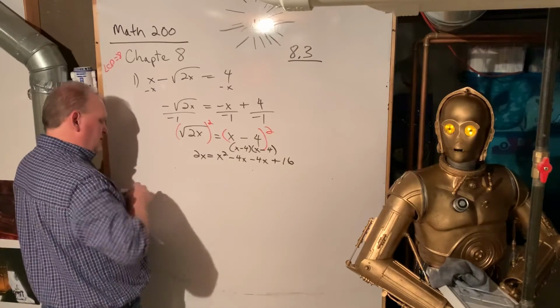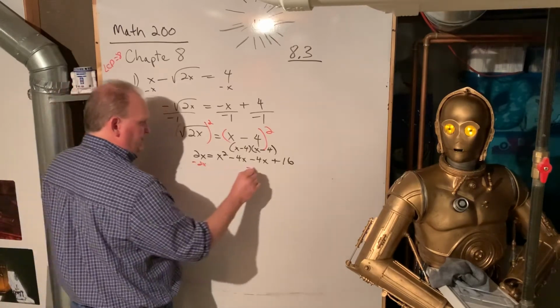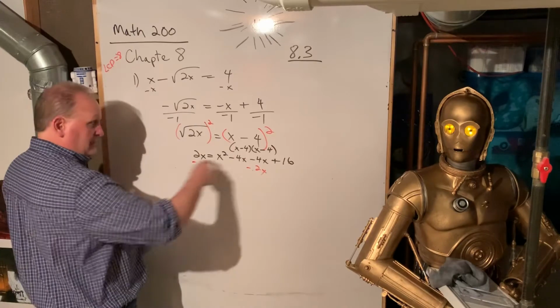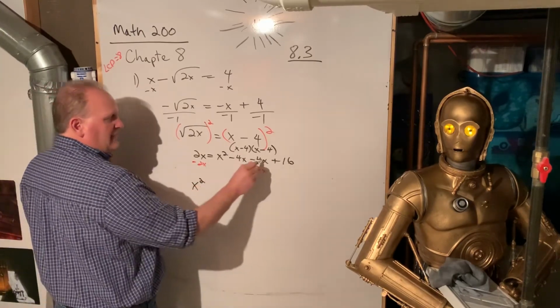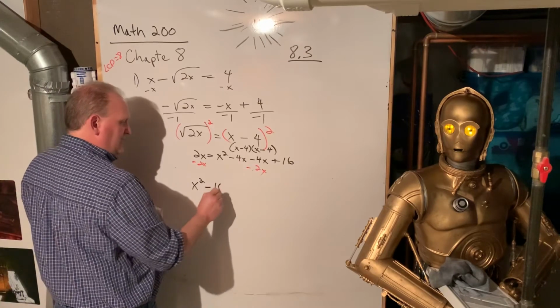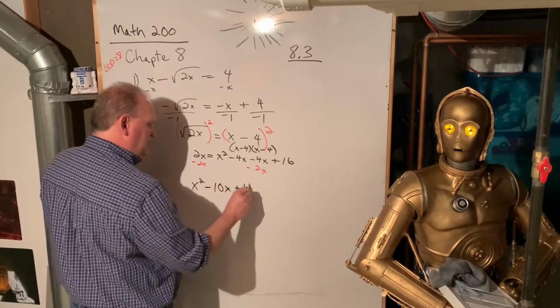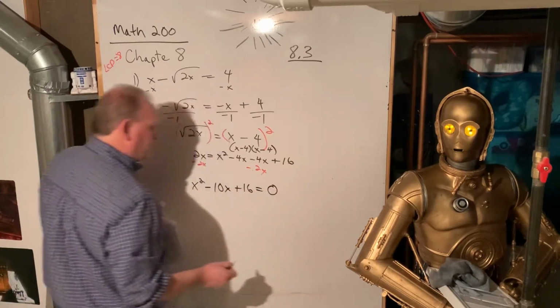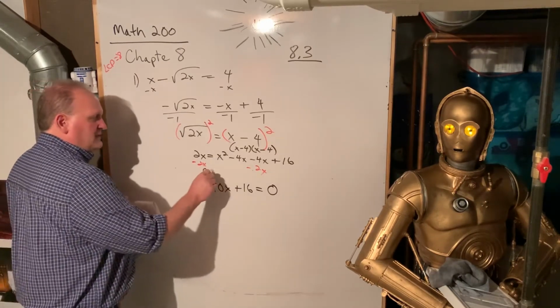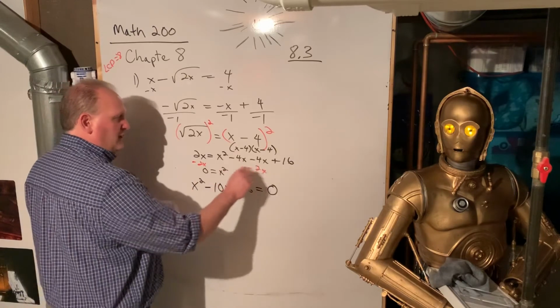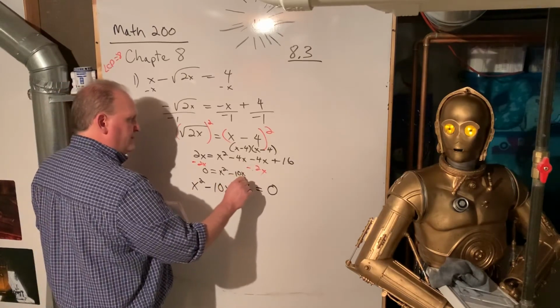Let's move the 2x over, and we're going to write this on the left side. So I have x squared minus 8x minus 2x is minus 10x plus 16 equal to 0. And so look, here's the step I skipped: 0 is equal to x squared minus 10x plus 16.